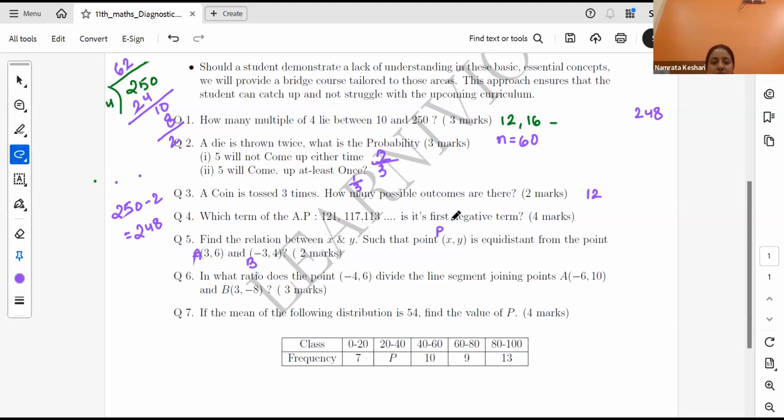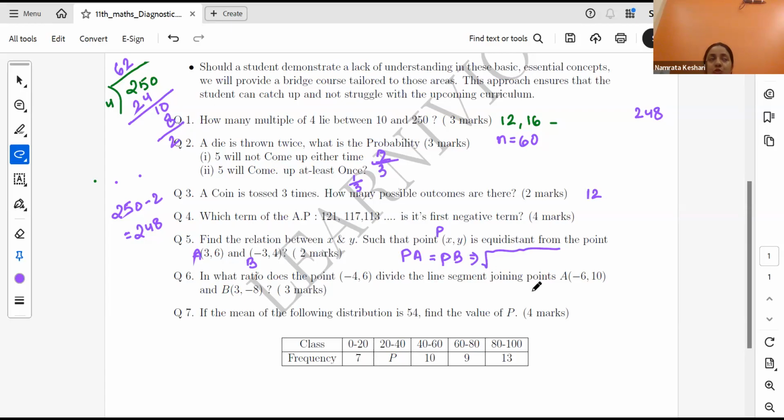Making sense? Yes, Miss. Okay, so can you tell me the equation PA equals PB? What is the distance formula, Maryam? Root of x1 minus y1 whole square plus x2 minus y2 whole square.